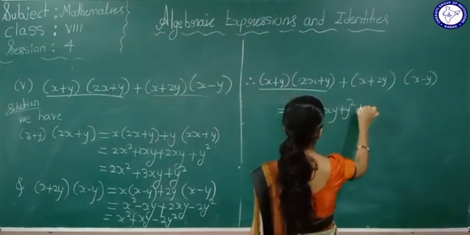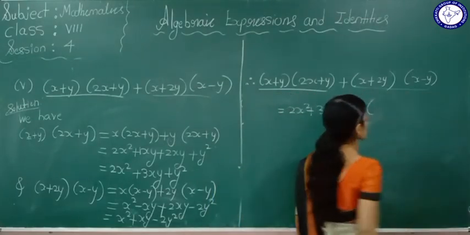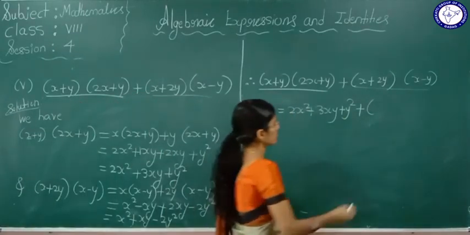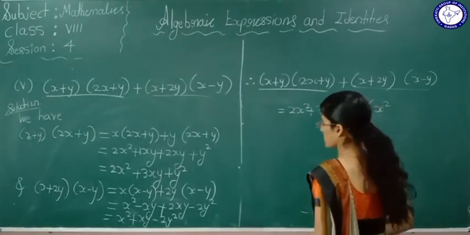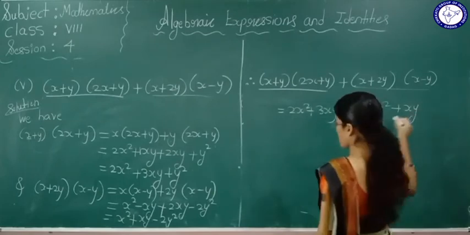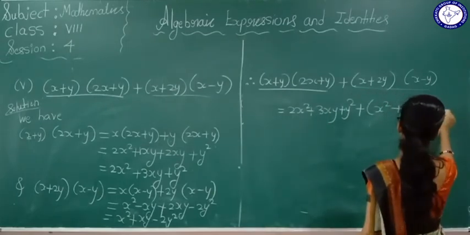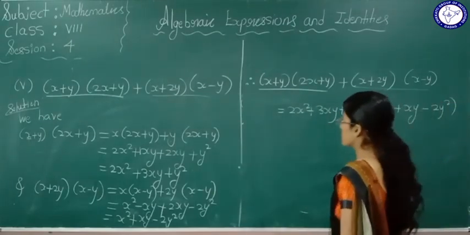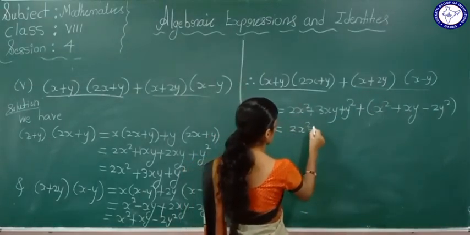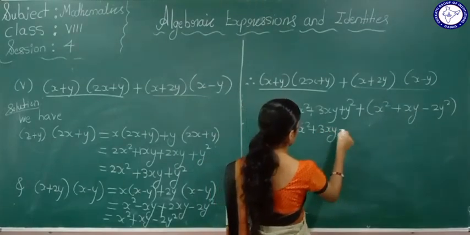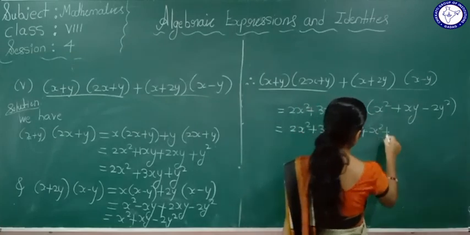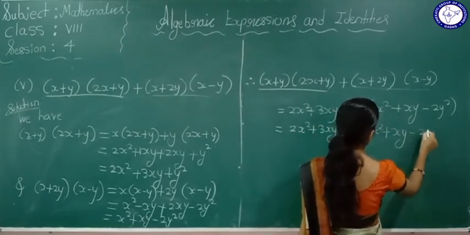Okay, a plus is a plus. So what is the simplification we got? It is nothing but x square plus xy minus 2y square. Okay, if we simplify, what will we get? 2x square plus 3xy plus y square, plus x square plus xy minus 2y square.